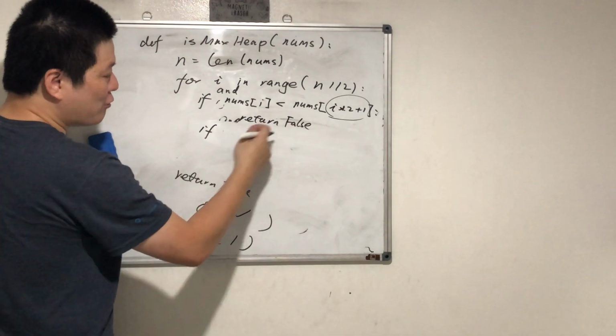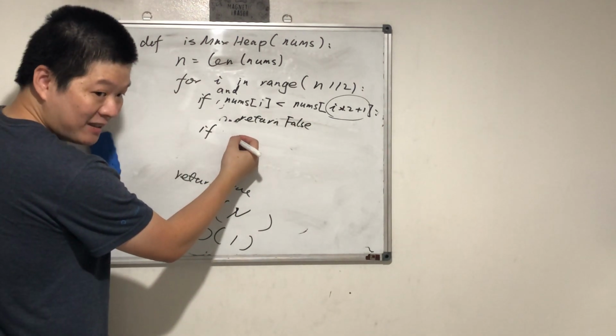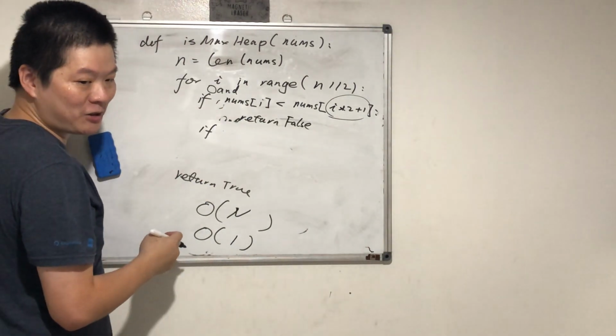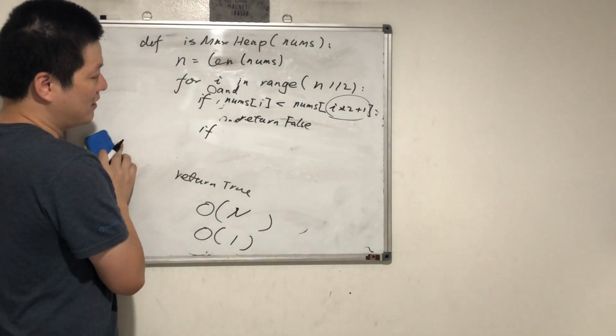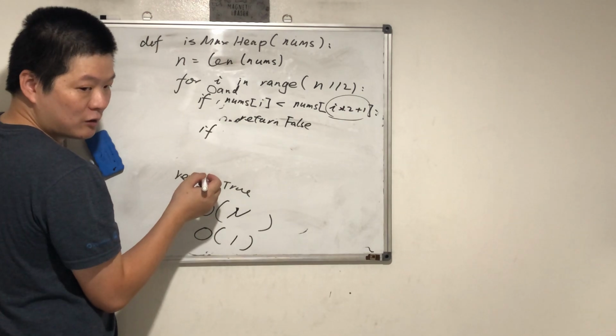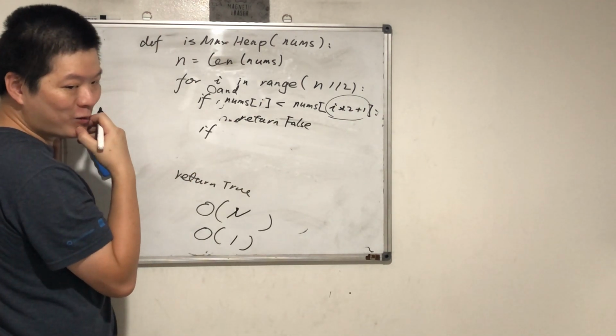I want to compare the right kid. Okay, so how? Remember, I just talked about how to check it. Think about it. What did we talk about?